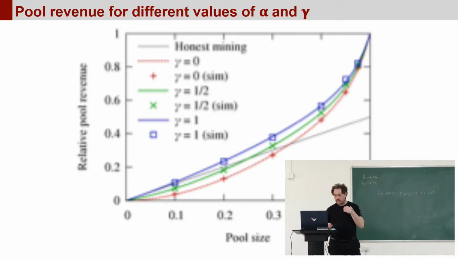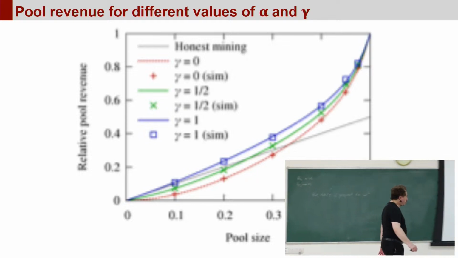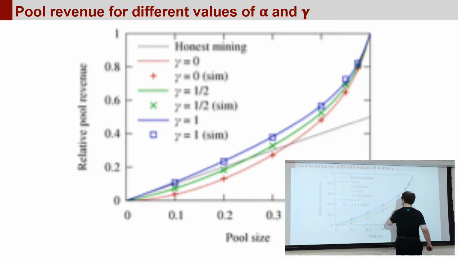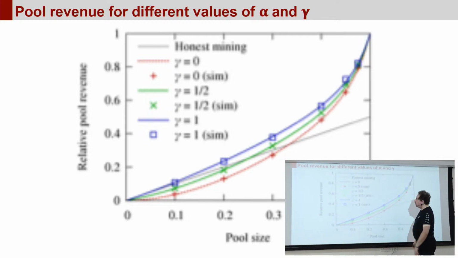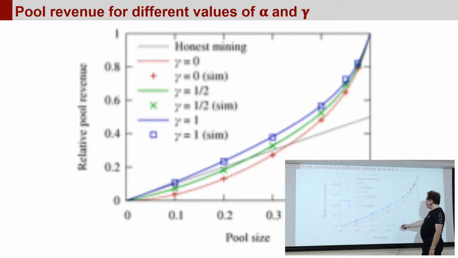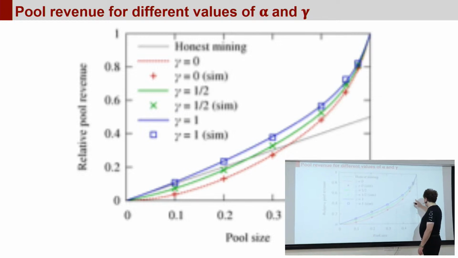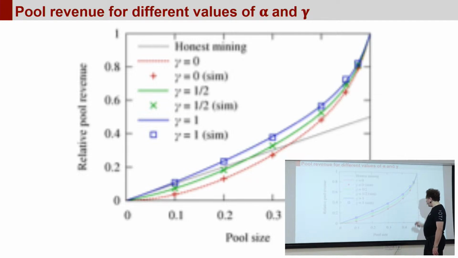In reality, it's much more common that gamma is close to 0. So what happens if gamma is close to 0? This is the bottommost curve for gamma equal to 0. And in this case, you can see the intersection between the straight line of the honest mining and this curve for the selfish mining. And the intersection is around 1/3, 0.33.